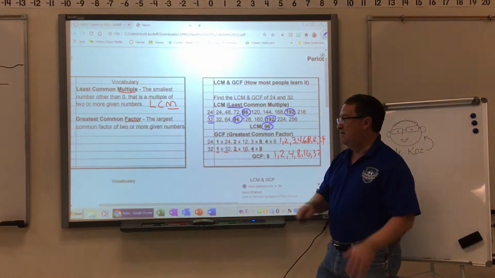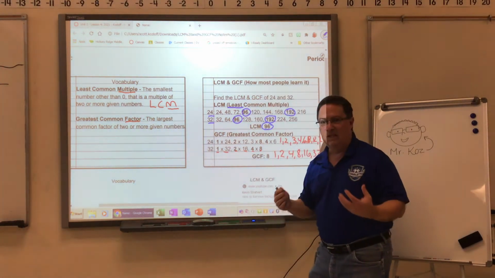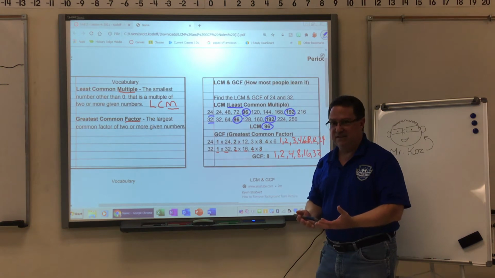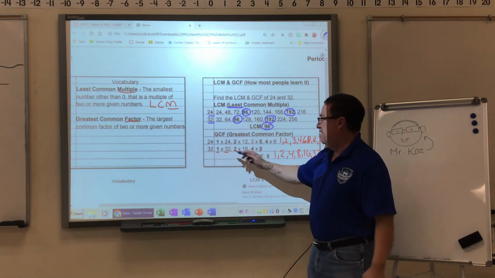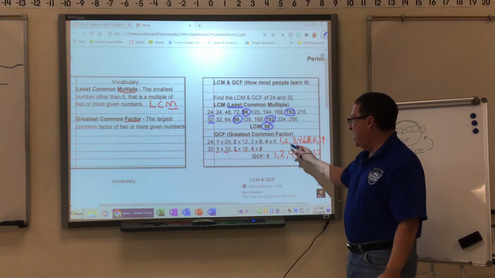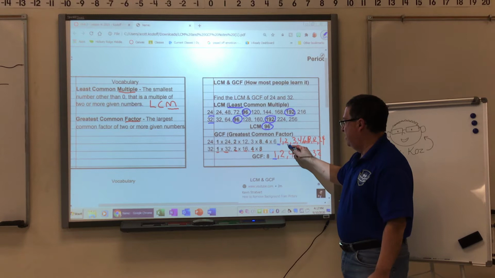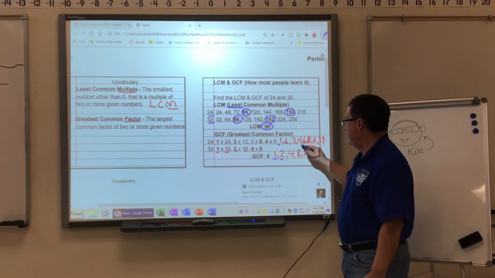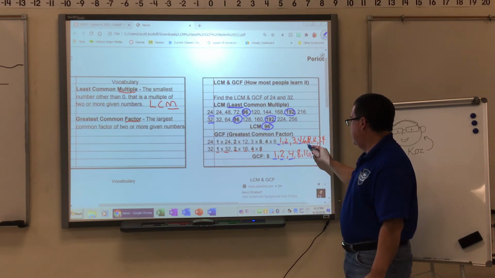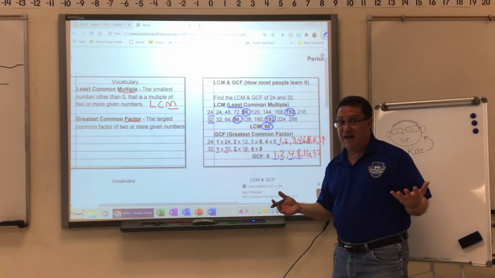On the other hand, if I'm looking at factors, I want the greatest or the largest or the biggest factor of both of those numbers. So now I'm going to look for the highest one in common. All right, I see they have a 1 in common, they have a 2 in common, they have a 4 in common, they have an 8 in common, and I don't see anything else in common.